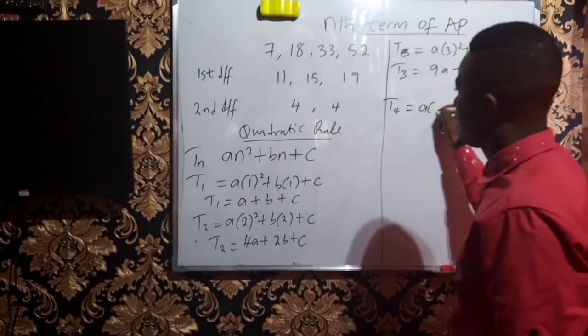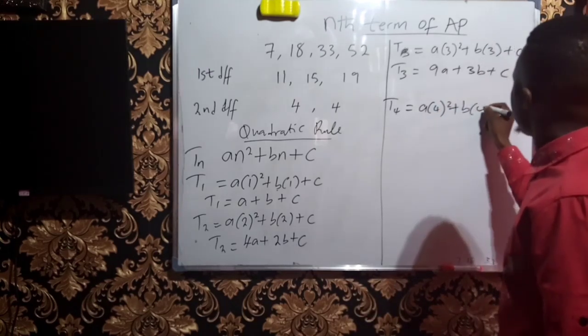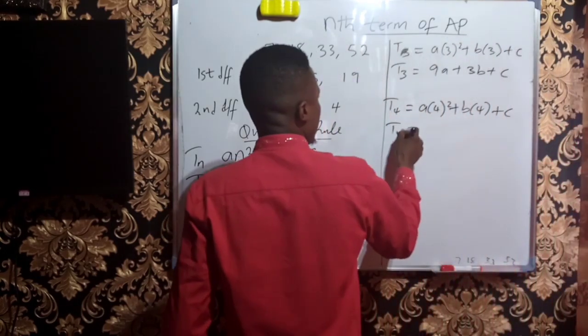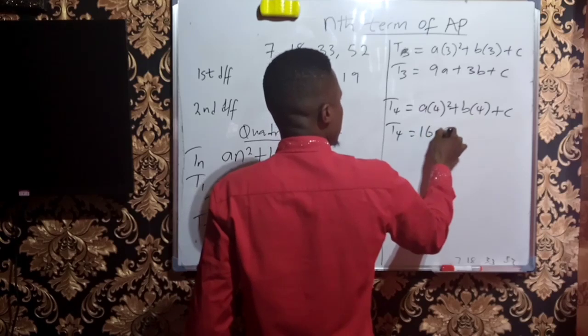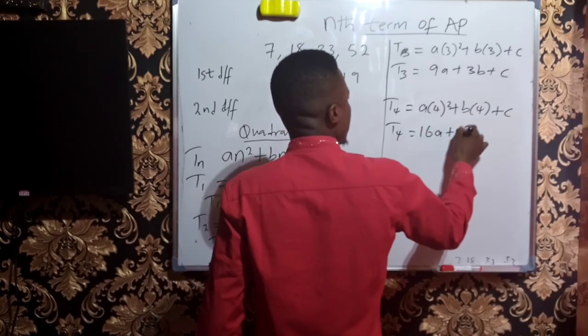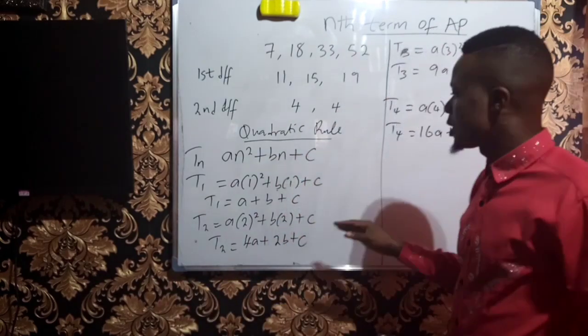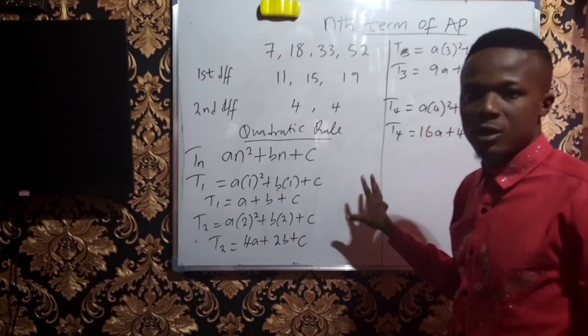So I have a into 4 squared plus b into 4, then plus c. So t4 will give us 4 squared is 16, 16 times a is 16a, b times 4 is 4b, then plus c. So you successfully got the first, second, third, and fourth terms of this particular sequence.